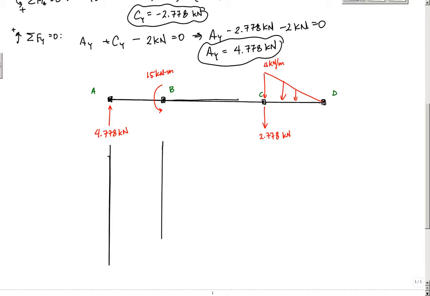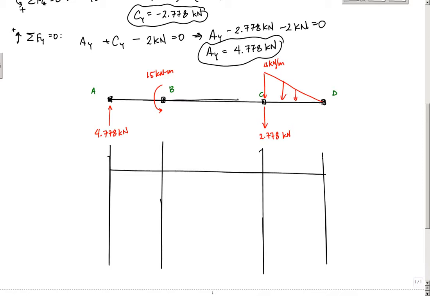I have one here, over here, and here, wherever I have a concentrated load or a discontinuity of some sort. This first graph right here will represent my shear diagram.